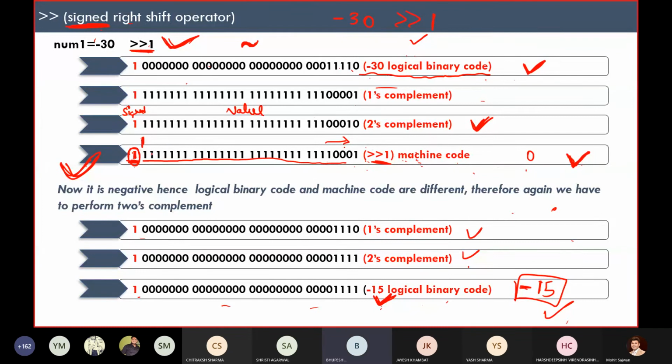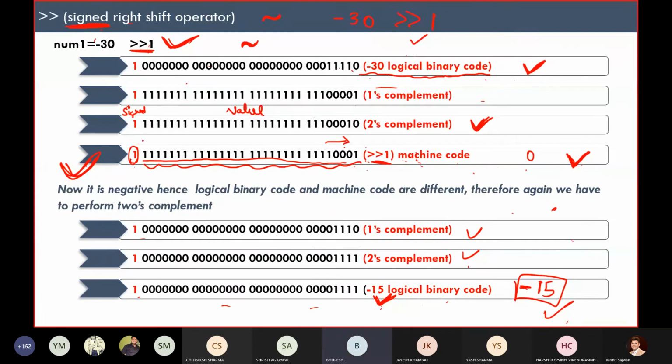Okay, so we are not basically shifting this. Only in the case of this operator, always remember, your sign bit will not participate here. No need to perform this operation on the sign bit. Only the value part is where we are going to perform this right shift operation.